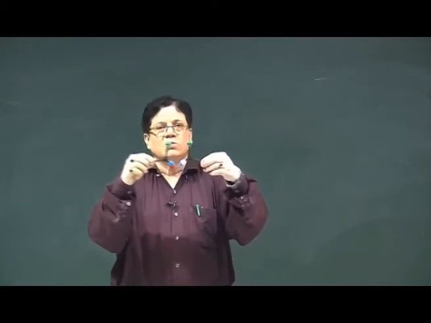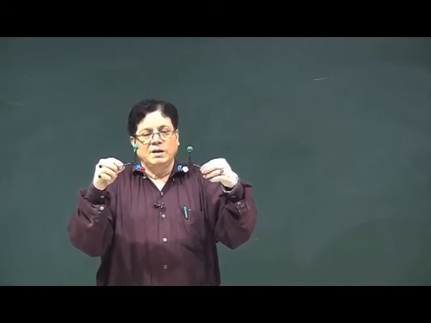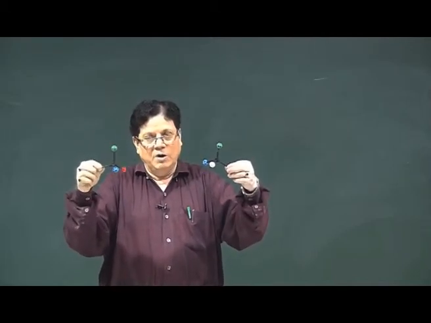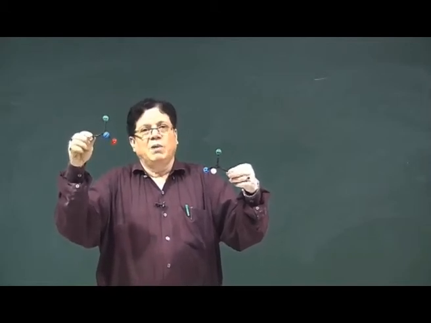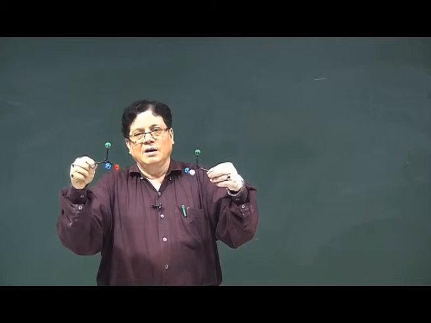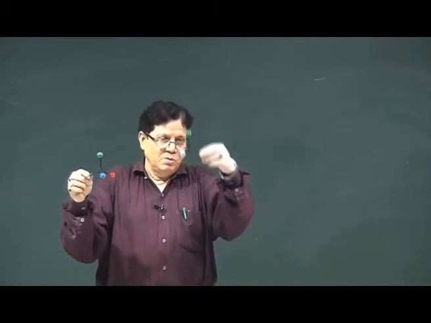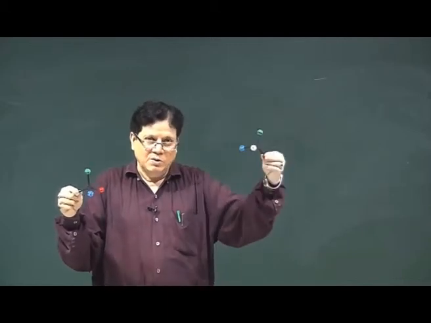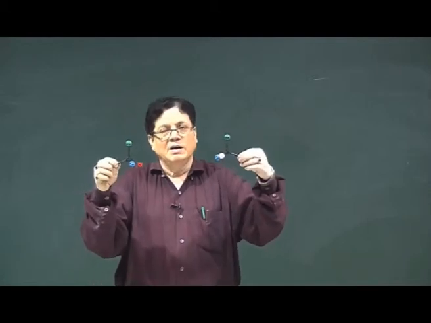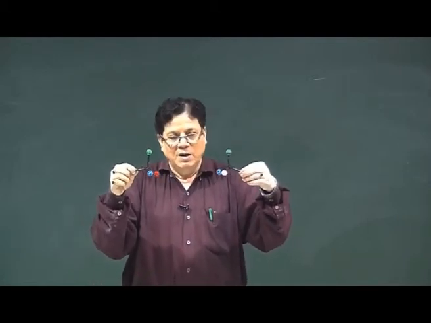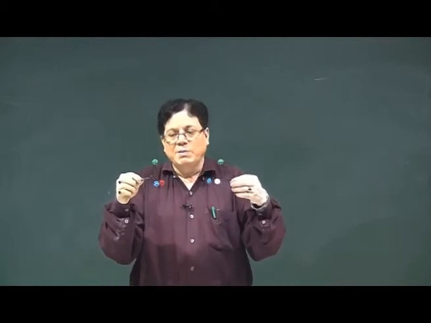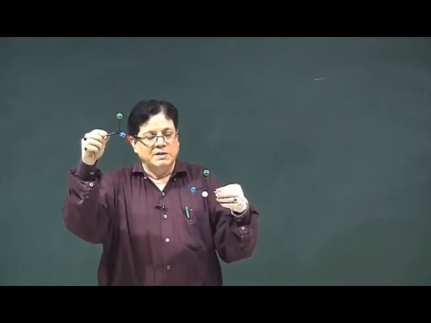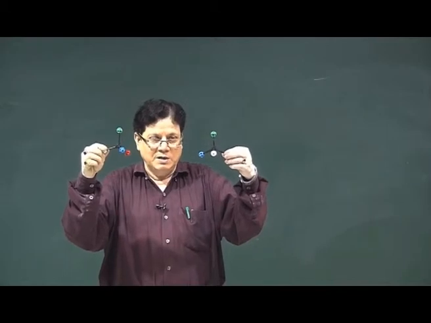If the ratio is 1:1, that is 50-50, then there will be no rotation, because the amount of rotation it imparts to the plane polarized light is exactly equal in magnitude and opposite to what this left hand molecule is trying to do. So, ultimately the resultant becomes 0. That is what is called a racemic mixture. But there may be mixtures where this is present in 80% and this is present in 20%.